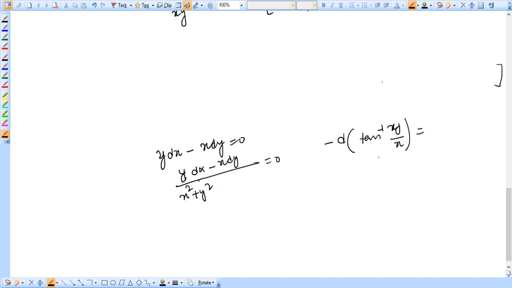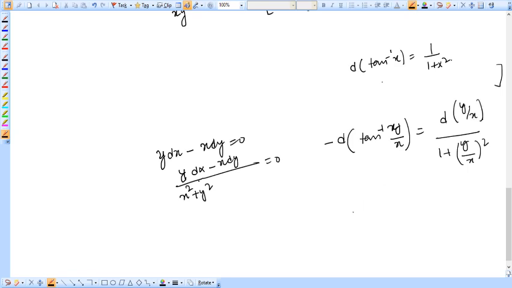We know differentiation of tangent inverse x is equal to 1 over 1 plus x square. So here also it would be equal to 1 over 1 plus y over x whole square, and in the numerator differentiation of y over x.